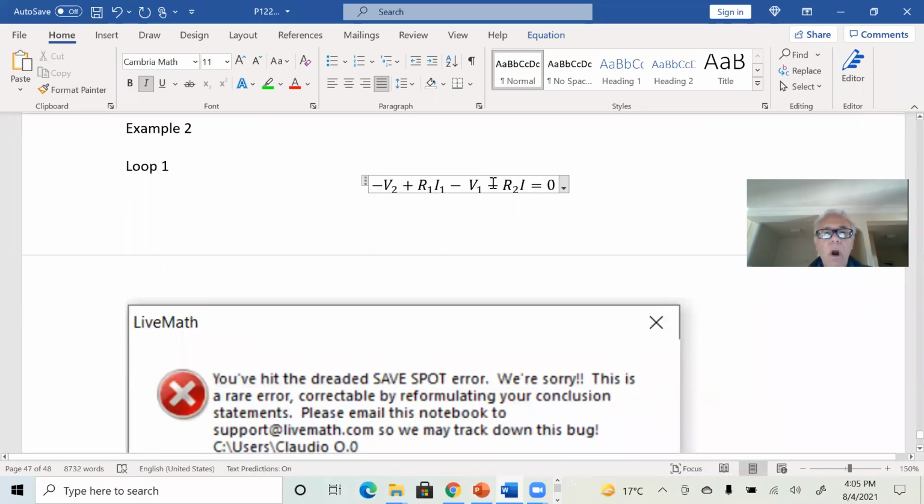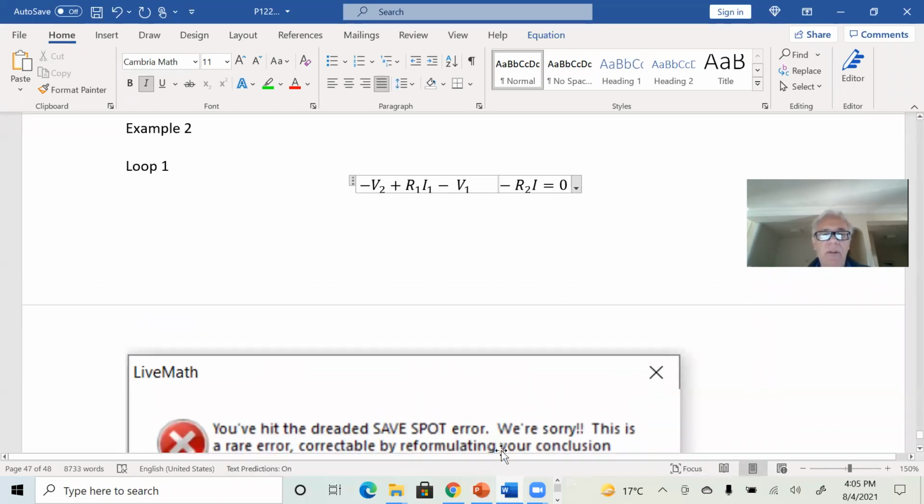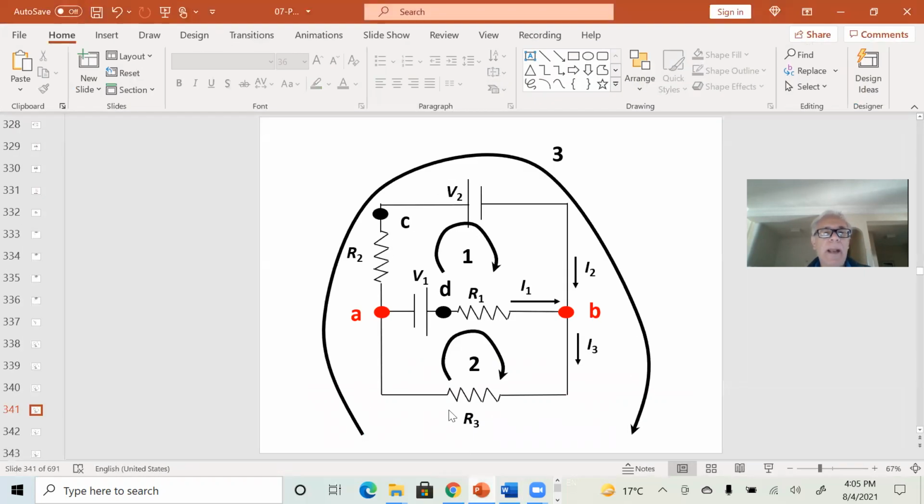There is one more that I have to worry about, right? So let me just give a little bit of space here. One more element. I went through V2, I went through R1, I went through V1, and now I'm going to go through R2. I'm moving up, along the direction of the current through this resistor R2, so I'm going to lose potential.